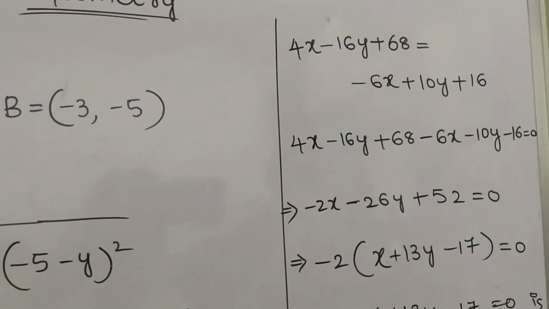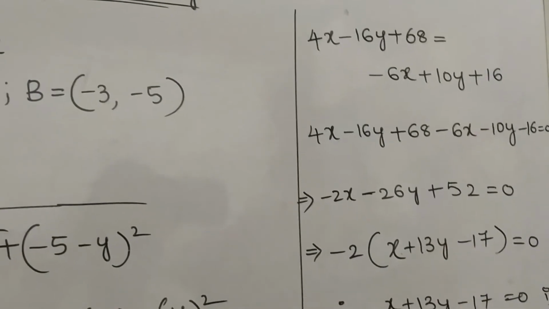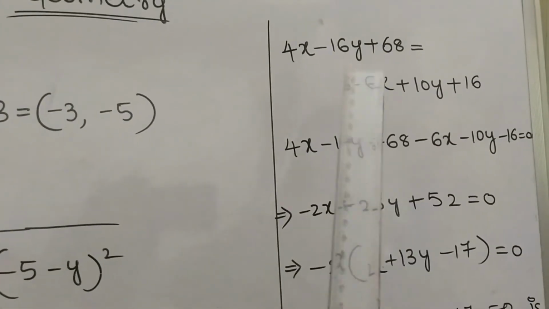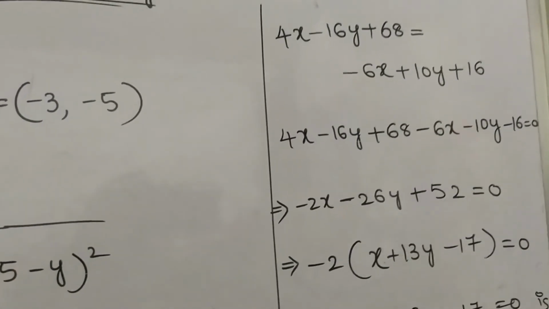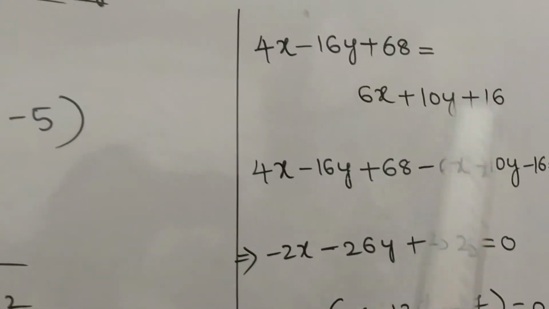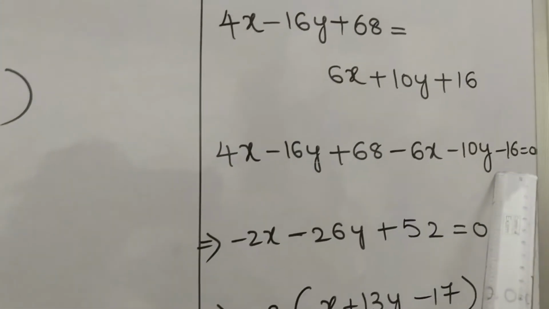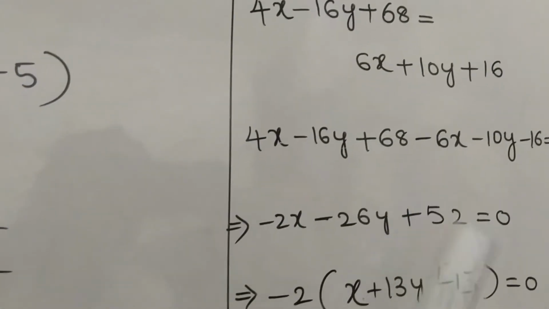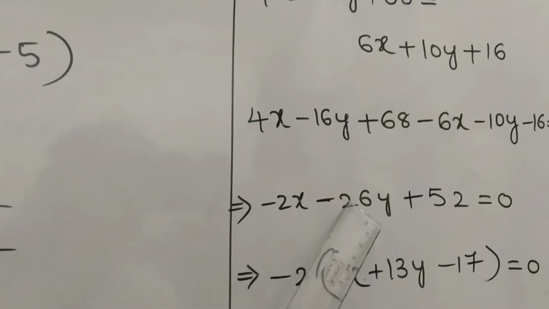4x minus 16y plus 68 equals 0 and -6x plus 10y plus 16 equals 0. Take all to one side, then you will get this step. Plus 6x will become minus 6x, and plus 10y will become minus 10y, and 16 will become minus 16. Now 4x minus 6x is -2x and -16y minus 10y will be -26y.